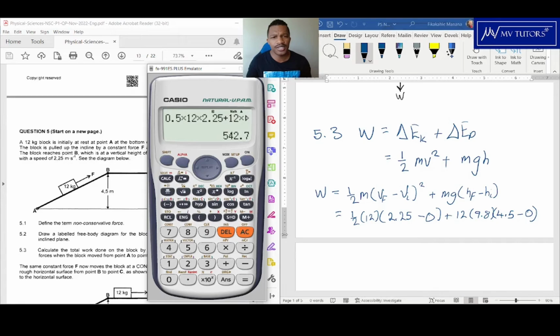Let's change it to a decimal, and our final answer is 542.7. And our work done. I made a fundamental mistake here. I forgot to square this. This should be squared. Okay, so now we need to go back on our calculator. That 2.25 needs to be squared.